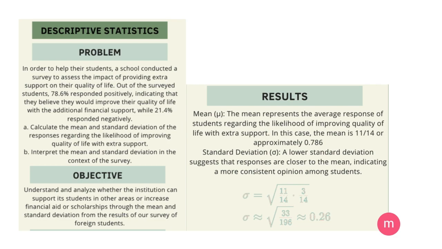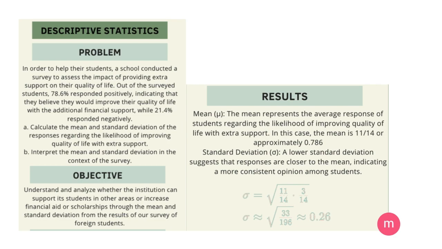In the results, the mean represents the average response of the students regarding the likelihood of improving quality of life with the extra support, which in this case is 0.786, meaning that on average around 78.6% of the surveyed foreign students believe they would improve their quality of life with additional economic support from the school.